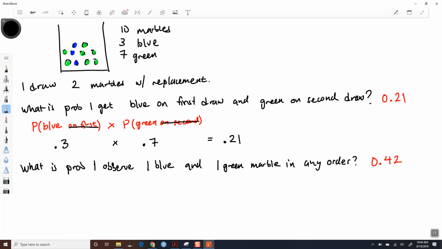So there are two distinct possibilities: blue first, green second, and green first, blue second.